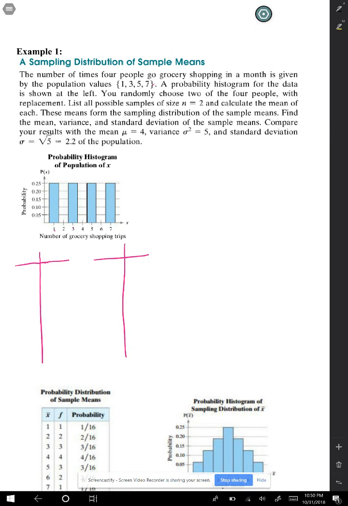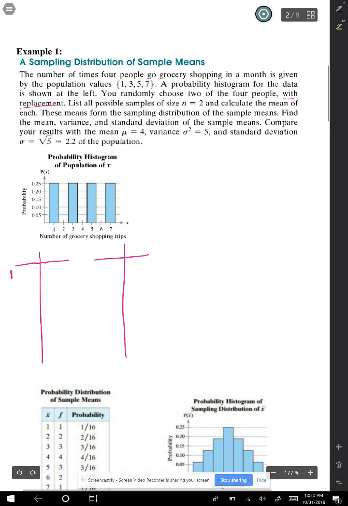What we're going to do is create samples of size n=2 by randomly selecting 2 people out of the 4. And it says with replacement, which means after you choose the first person, you're going to put them back in the hat before you draw the second person. So we're going to create all the different combinations of 2 people chosen out of the group of 4.